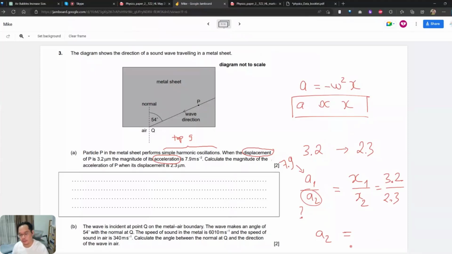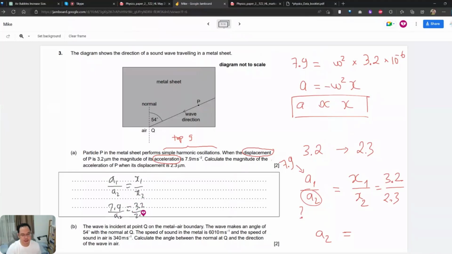We could also calculate omega, because you already have that a1 equals minus omega squared times x1, so 7.9 equals omega squared times 3.2 micro, ignoring the negative sign since we deal only with the magnitude of the acceleration. But it's longer and not necessary.